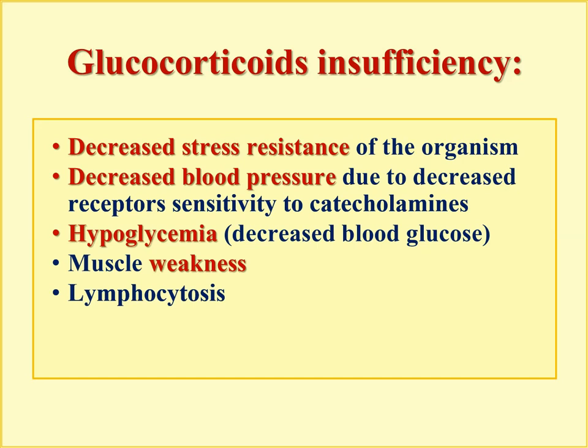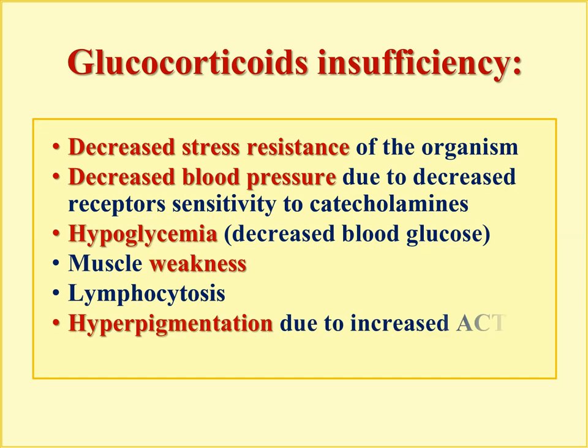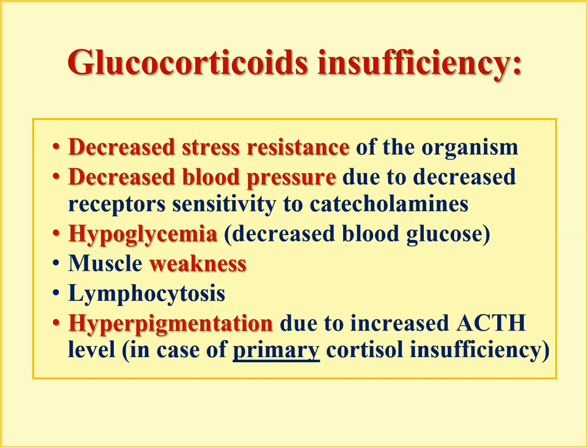There is no normal suppression of lymphoid tissue proliferation, so there is no limitation for lymphocyte formation, and lymphocytosis develops. And in case of primary cortisol insufficiency, due to negative feedback, deficiency of cortisol does not inhibit ACTH, and ACTH becomes high and hyperpigmentation appears. These are symptoms of excess of ACTH. These are the symptoms of glucocorticoid insufficiency.